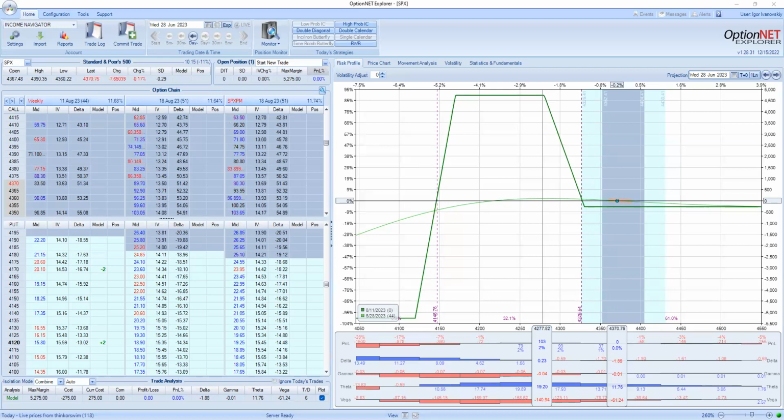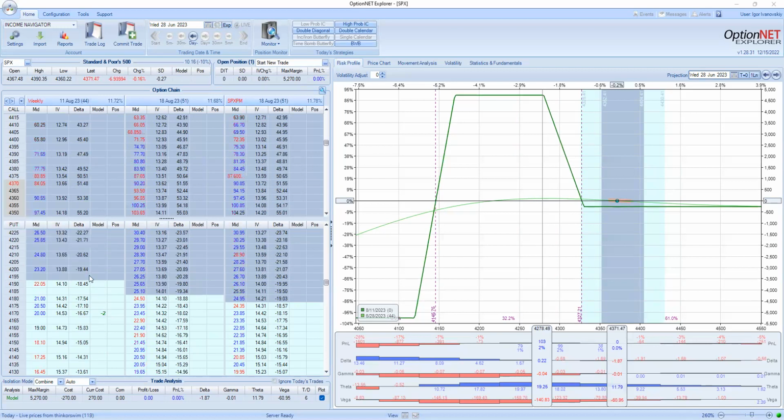Josh is saying, would you mind giving the strikes you would choose to do this trade on a smaller level using SPY or XSP? I'd like to enter it and see how it would work on my platform. So the trade that we looked at today is SPX, and XSP and SPY should be very similar, if not the exact same strikes, except that you just want to get rid of the last digit.